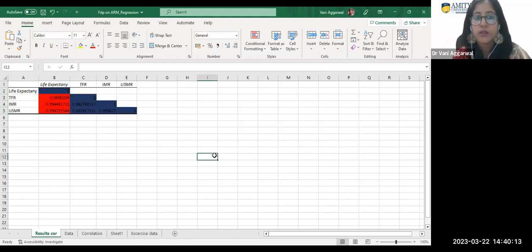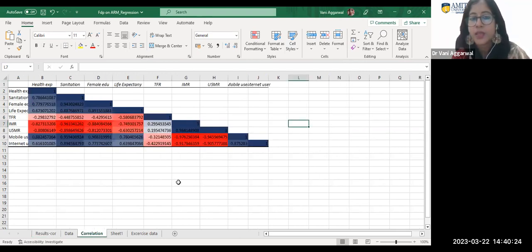This matrix looks really good, especially if you work with more variables, and the color differentiation is also visible. For example, I have created one here like this. For more variables, if you use this conditional formatting, it looks like this. So you can easily identify where the lowest correlation is.